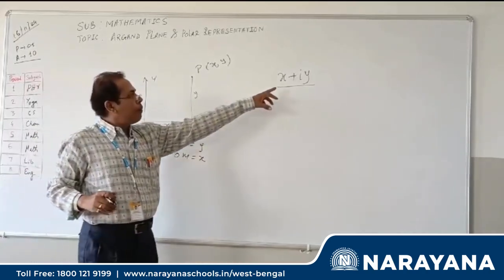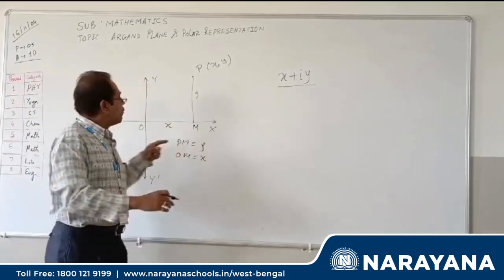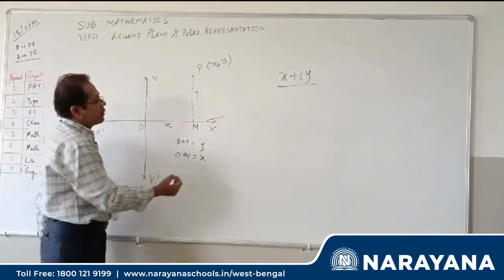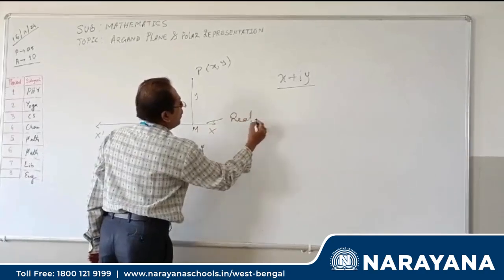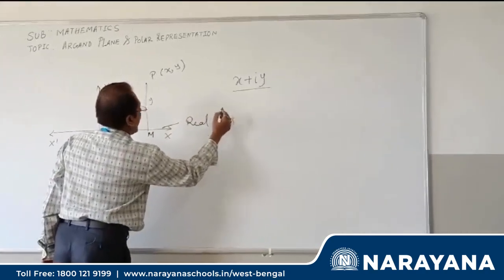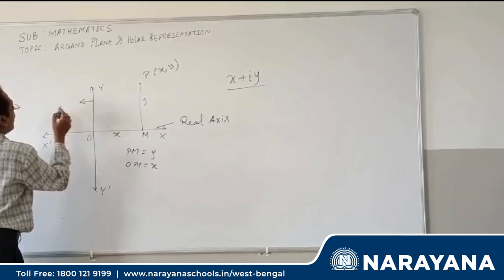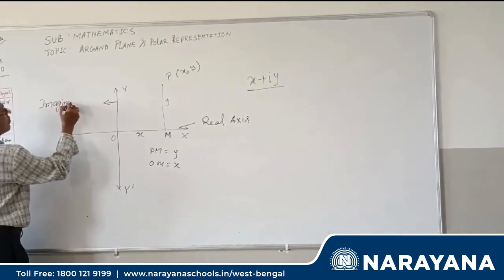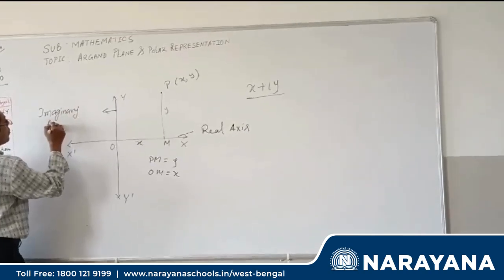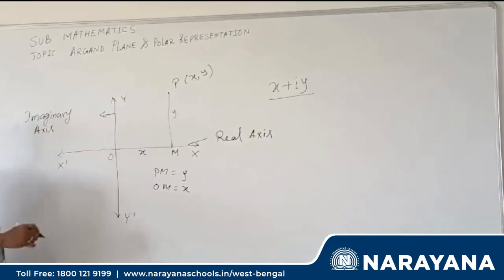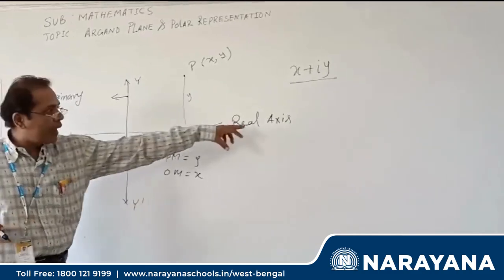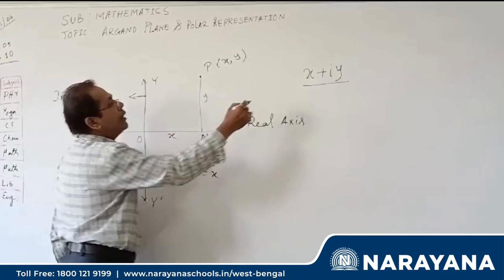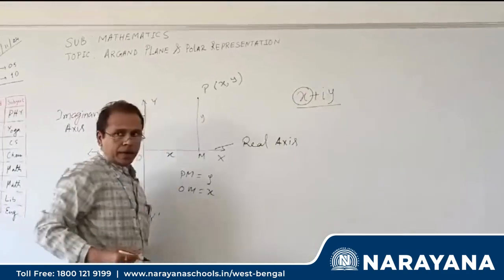Now if you want to compare with a complex number, if you take the x-axis as the real axis and this as the imaginary axis, then x is the real part.